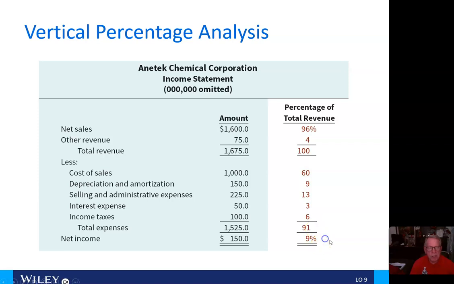And net income is 9%. Quite often we show, differentiated from this schedule, net sales at 100% as well. But in this case, we had some other revenue, so that added the 4 percentage points to that total revenue.